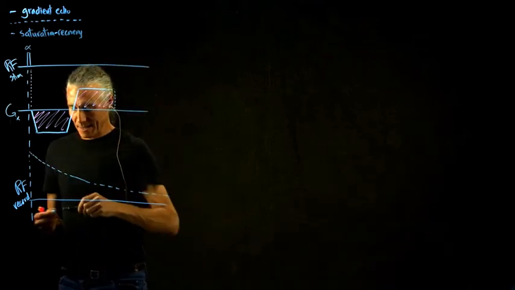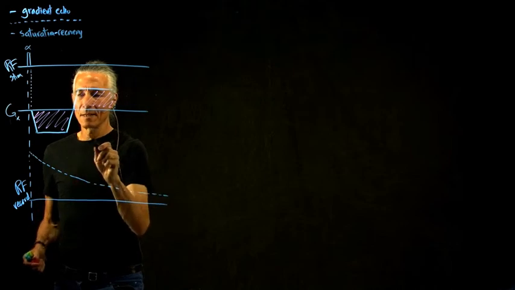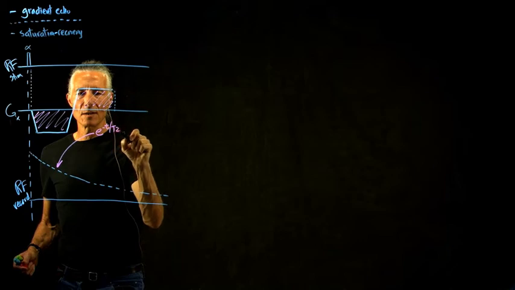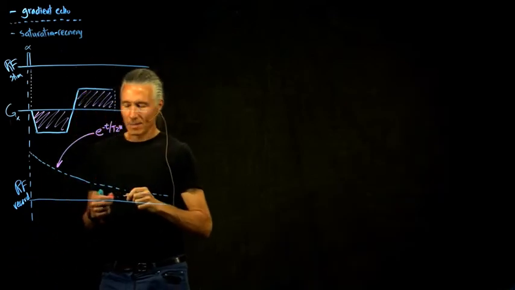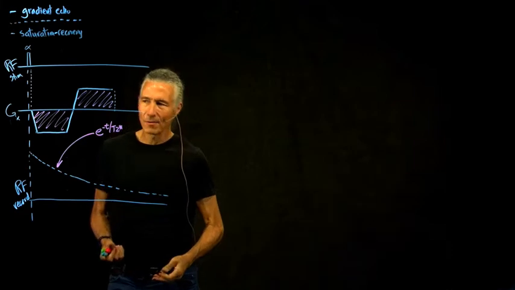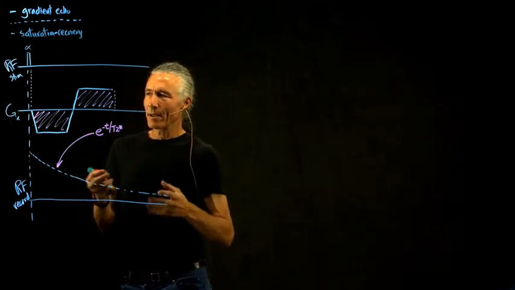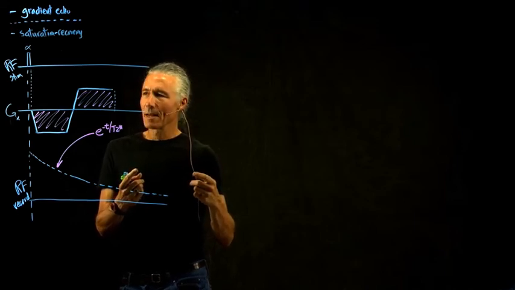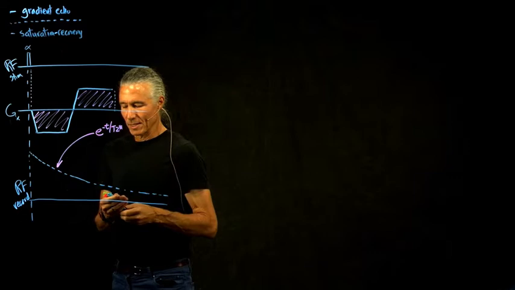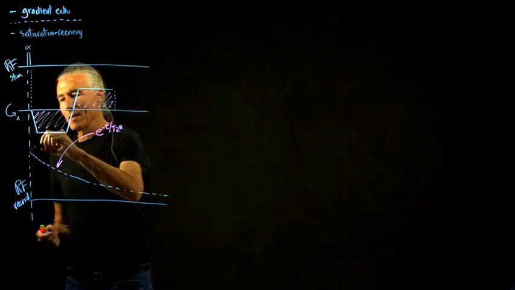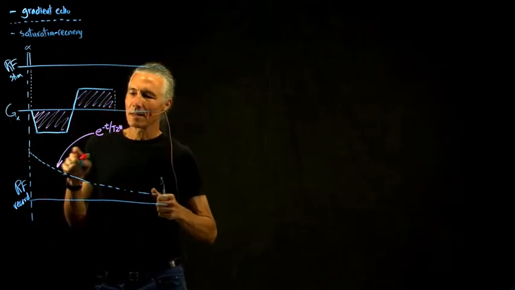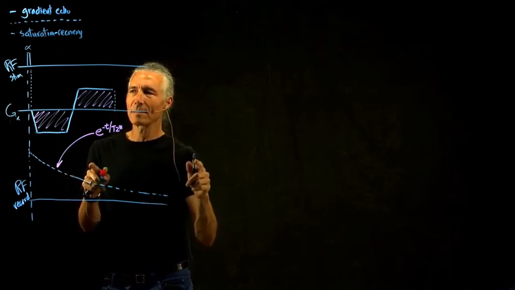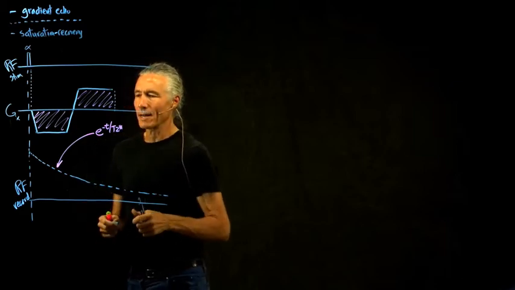So let's label it. That's e to the minus t over T2 star. What does that consist of? That consists of the T2 decay, which is jostling of other protons, the magnetic fields of other protons. And then it also includes the star part, which is extra decay due to the fact that there are some local differences in the magnetic field in different parts that are static.